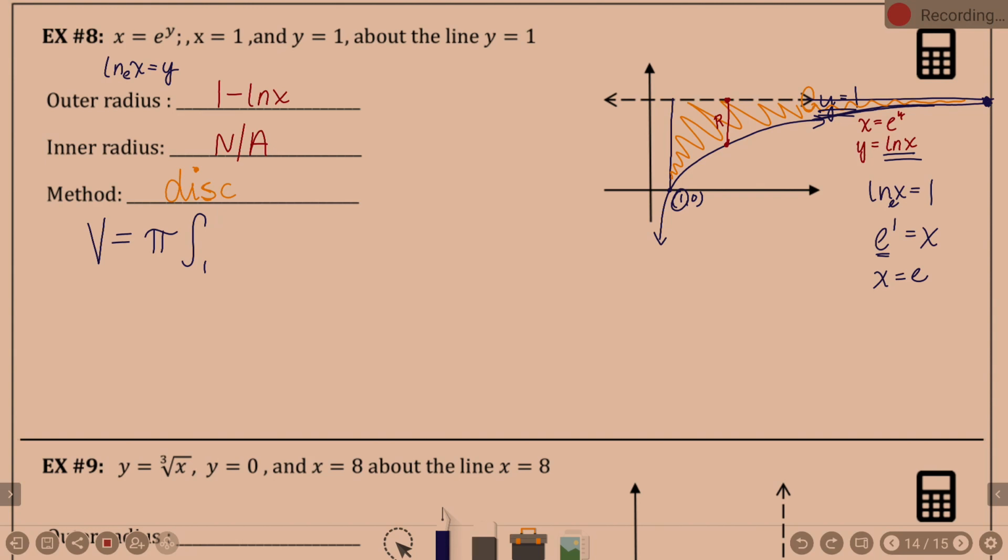So this is going to be the point e comma 1, and we're evaluating from 1 to e of pi times 1 minus ln x squared dx. The disk method feels wrong because there's no little r. In your brain you can say big R squared minus little r squared and say minus 0. You have an e, or you make it e to the first, either way.